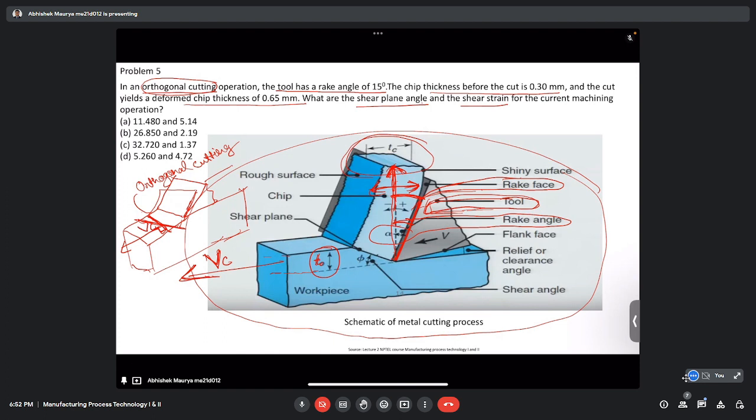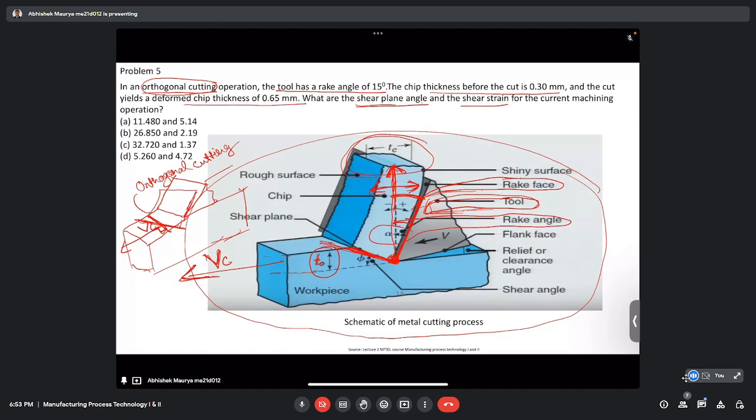Another thing is the shear plane angle. If you see along this line, the chipping action, or deformation in the material, is taking place along this line.